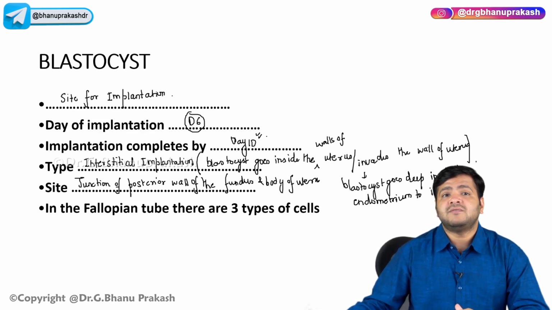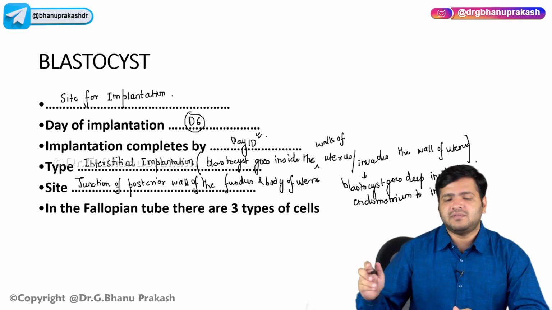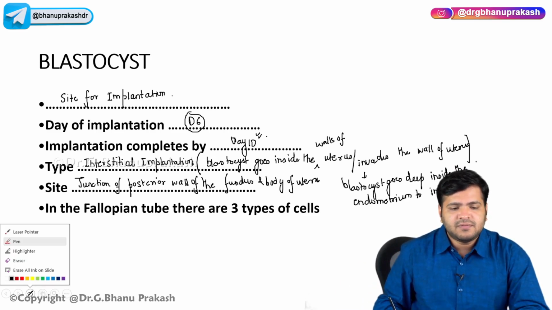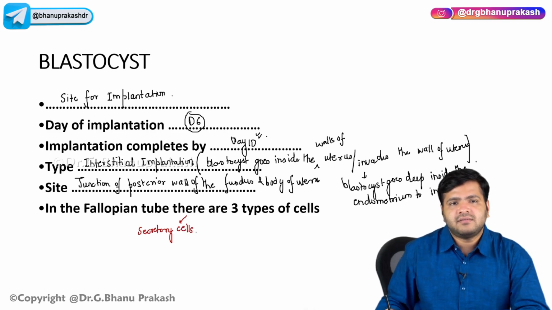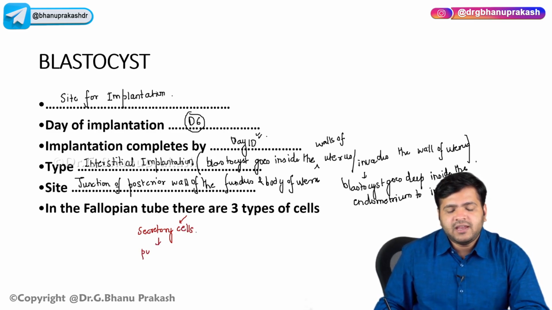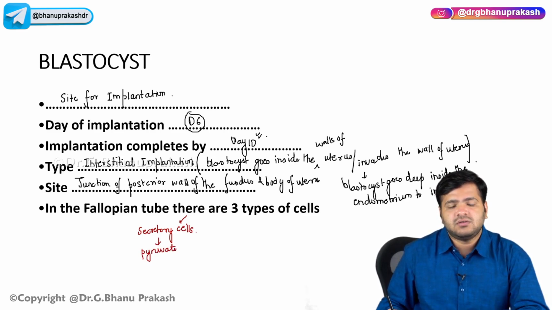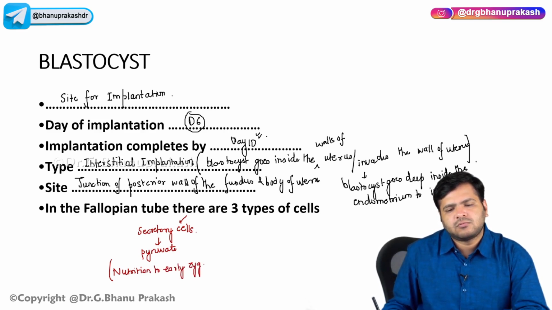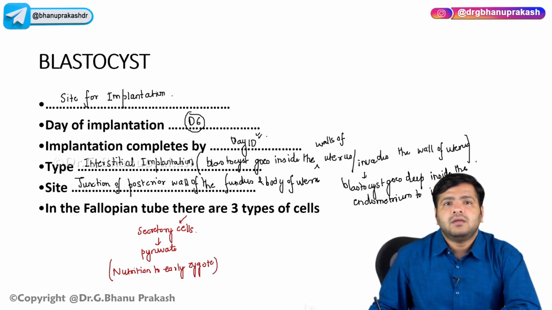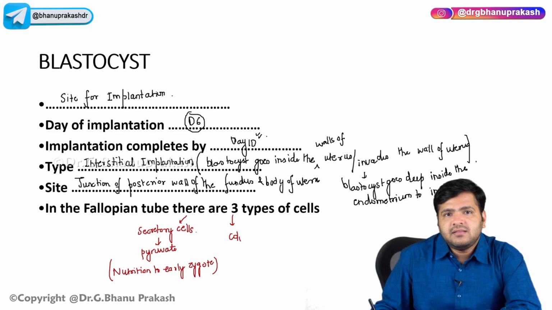And remember, in the fallopian tube, I have already told you there are three types of cells. The one, it is the secretory cells, right? They provide pyruvate, that is the nutrition to the early zygote. Now, they also have the columnar cells, and remember these columnar cells are ciliated.